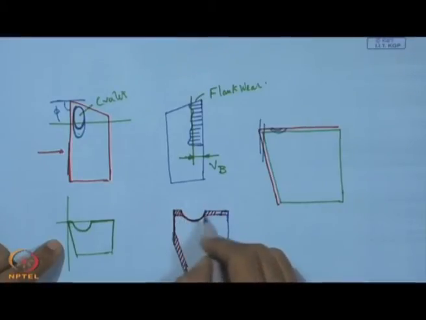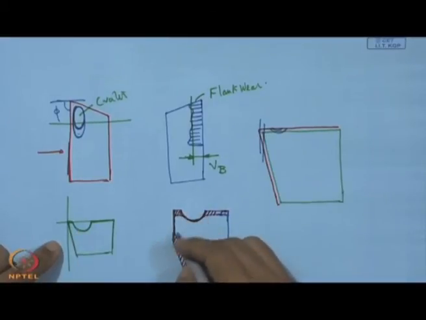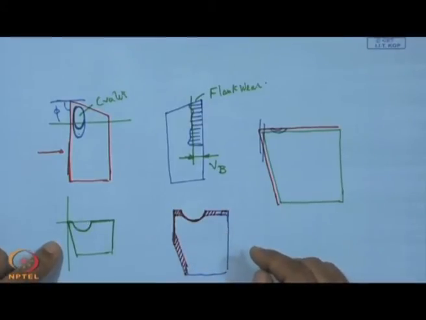However, this tool with such formation can still hold the wear rate much slower compared to the uncoated tool, for the simple reason that these two edges and these two edges will act like wear pads.